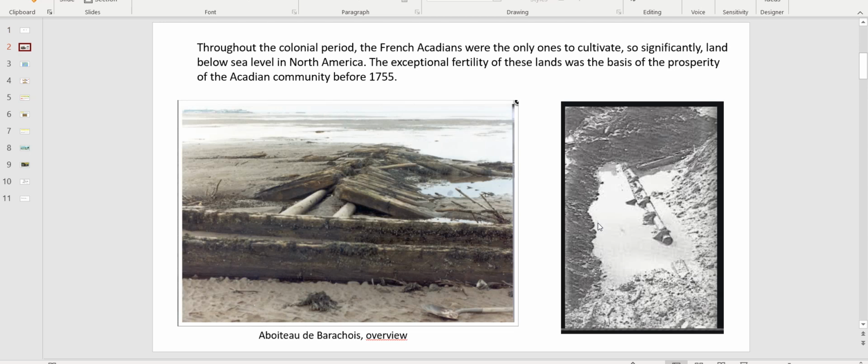An aboiteau is a device that was used originally in the 1400s and 1500s in France to dry out swamps and marshes. The technology is inherited from the Dutch, because the Dutch had that problem all the time. They had to farm land underneath the level of the sea. So they knew what swamps and marshes were all about.